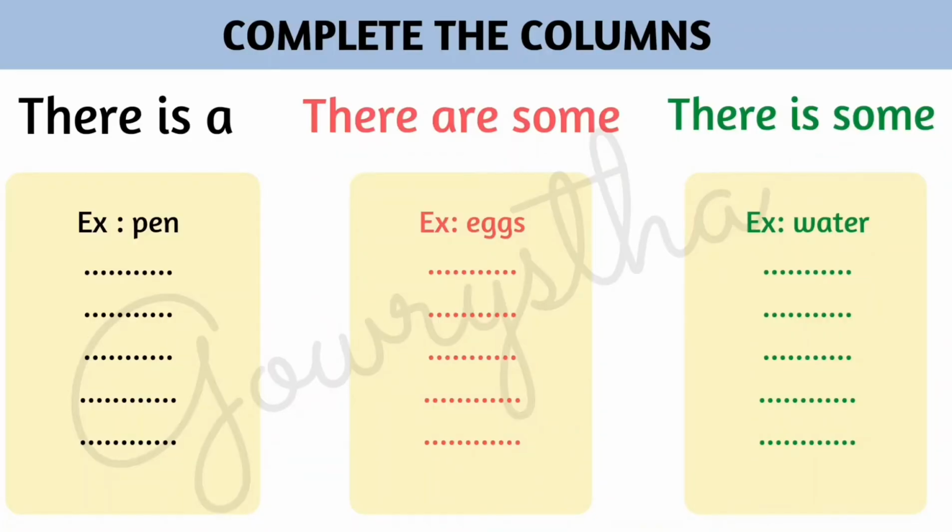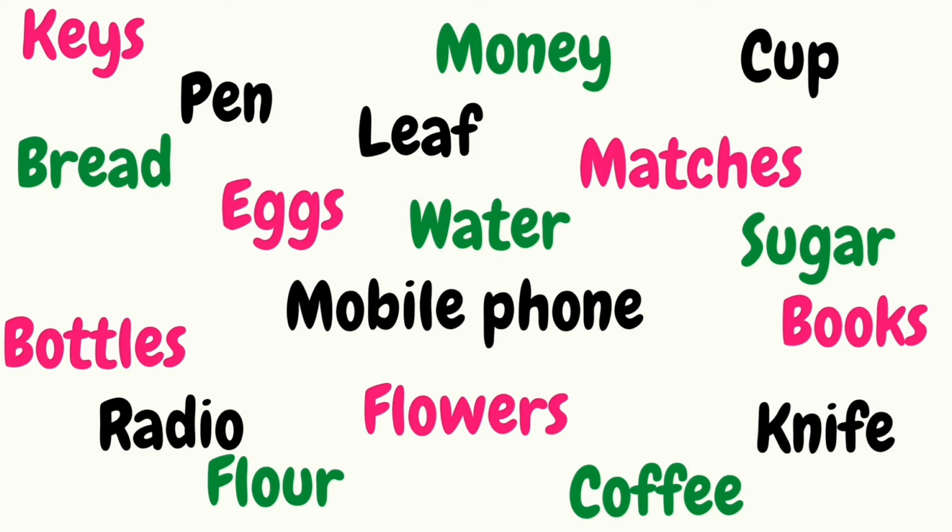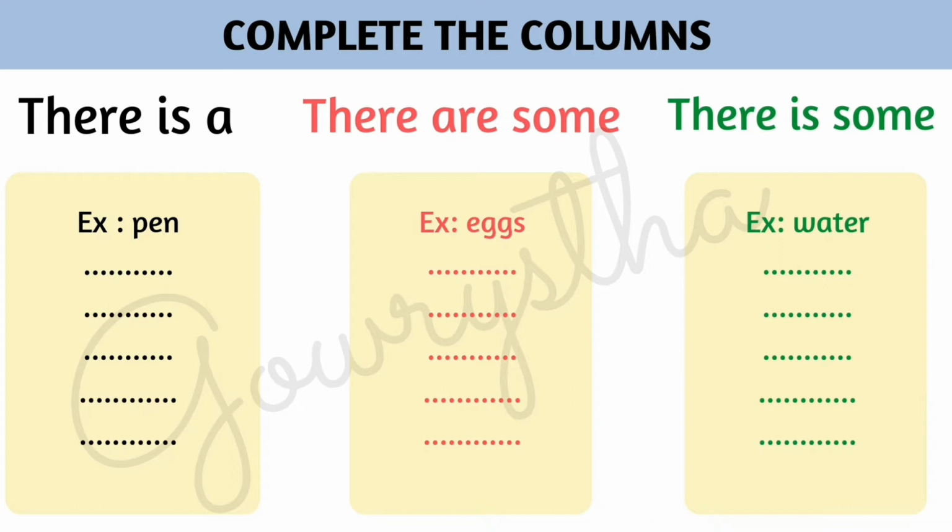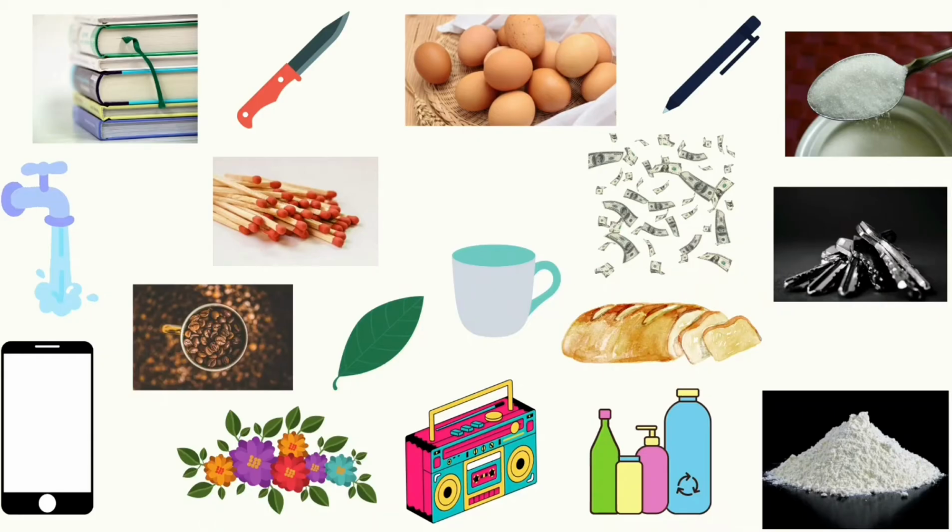There are 18 things in this picture, so you have to fill this table. Every column has 6 things. Okay, I'll give some time. You can find the things and write them in the table.